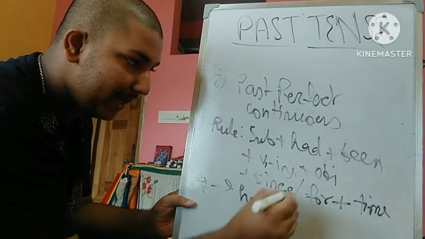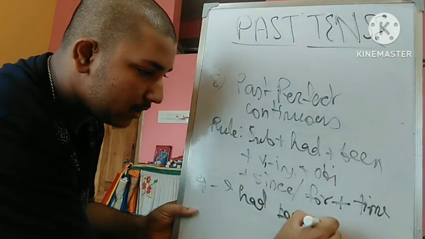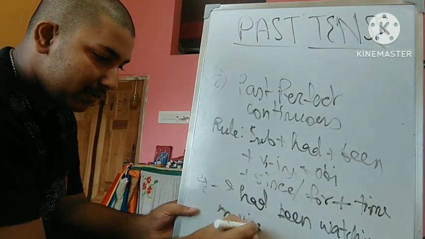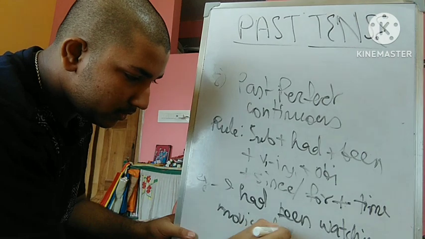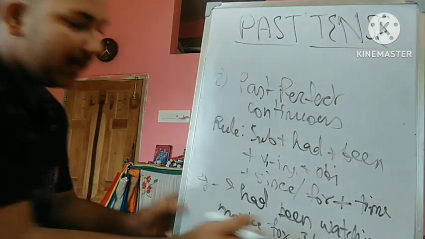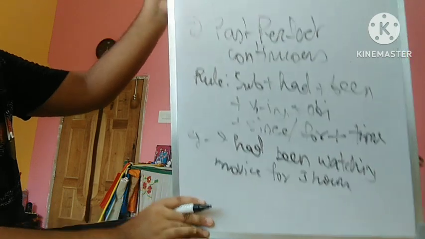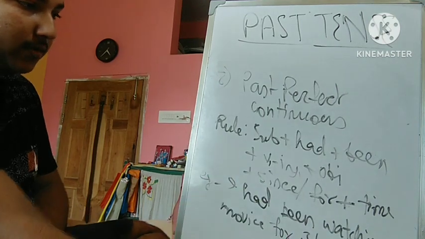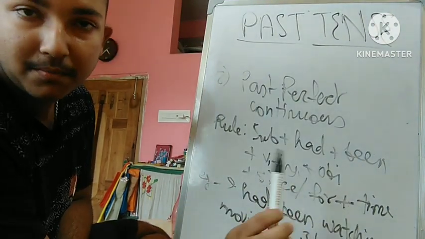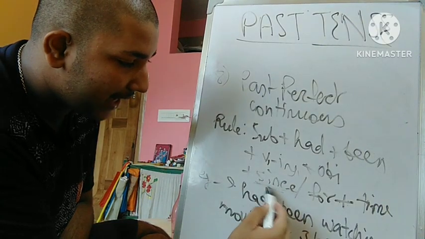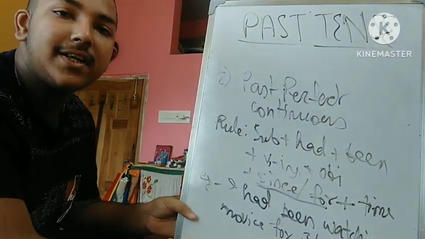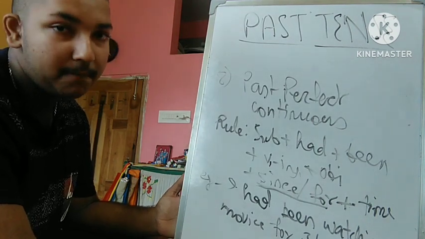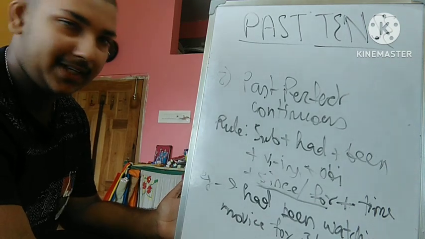I had been watching movie for 3 hours. Clear to you? So here the main thing is you have to write since or for. As we have already written in present perfect continuous tense, we also have to write since or for here, and then we have to add any time.